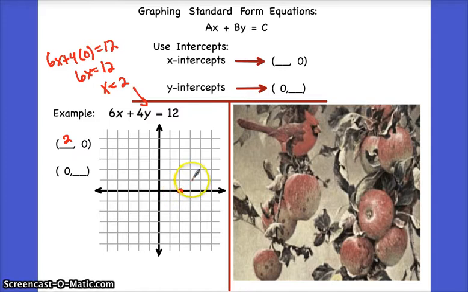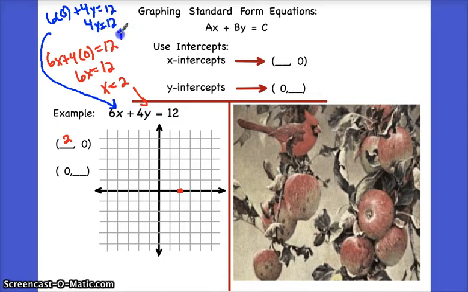for an x-intercept. I can also do the same thing with x. So if I travel here and call x 0, then 6 times 0 plus 4y equals 12. Well, 4y equals 12 tells me that y equals 3. And my y-intercept, or when x was 0, would be at 0, 3.